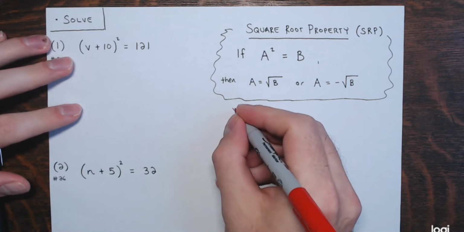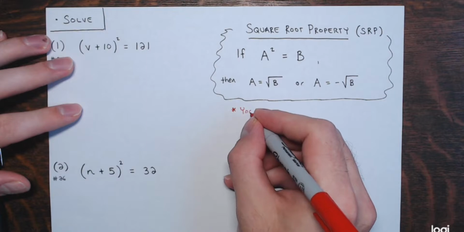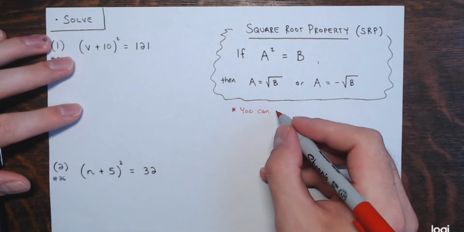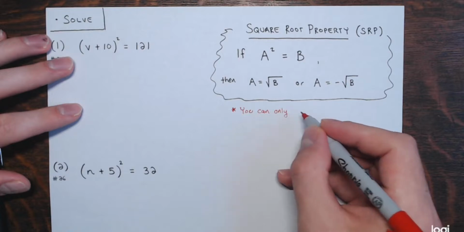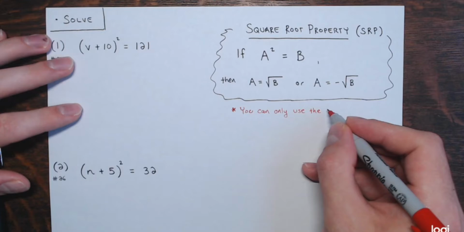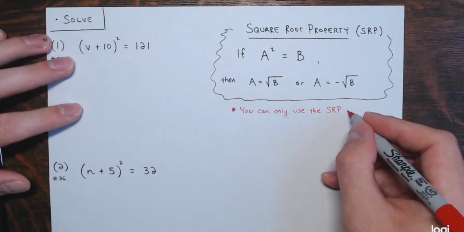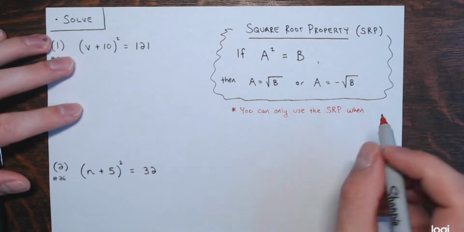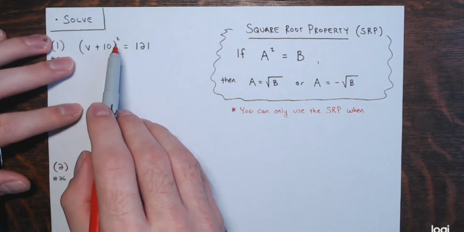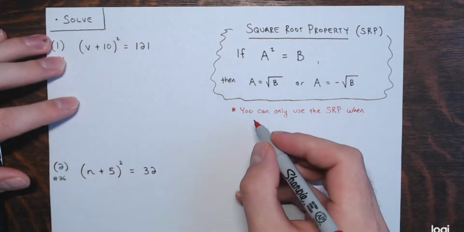And that leads me to another note I want to write for you. You can only use the square root property to solve a quadratic equation when there's a variable inside a square and no variables outside that square.